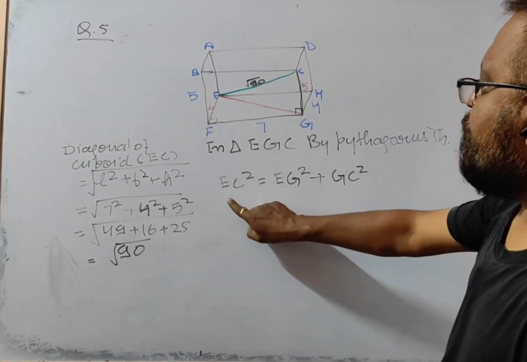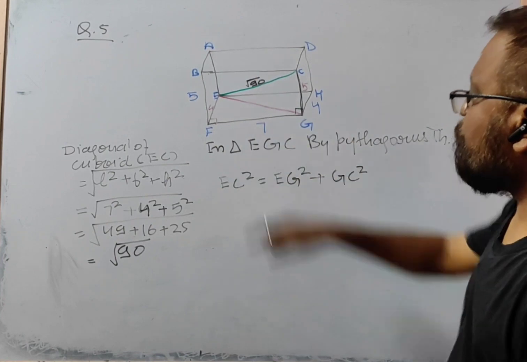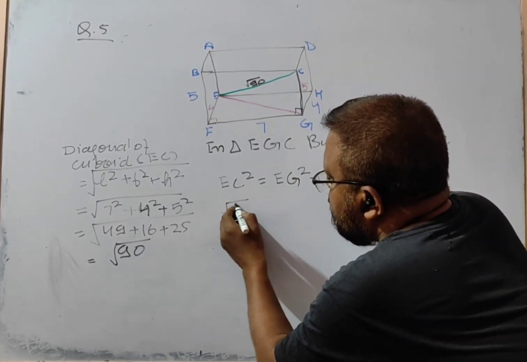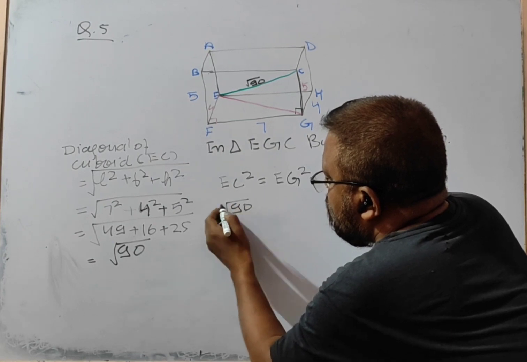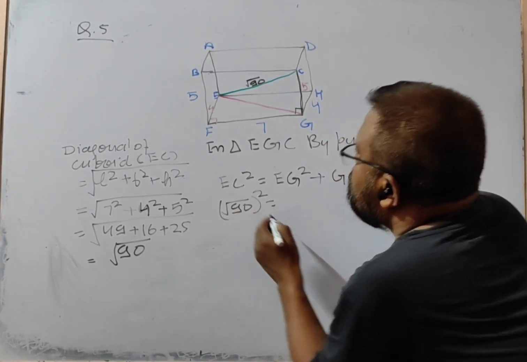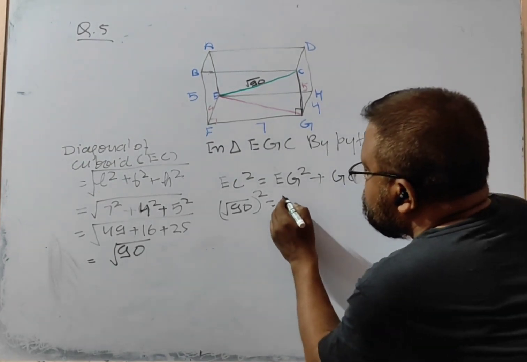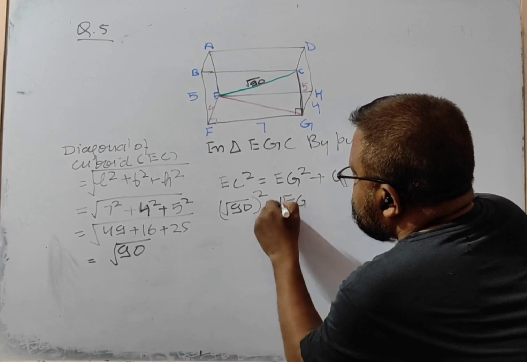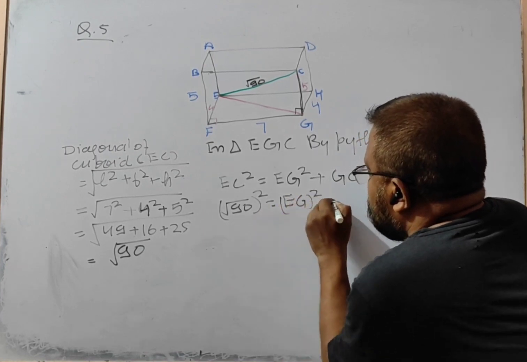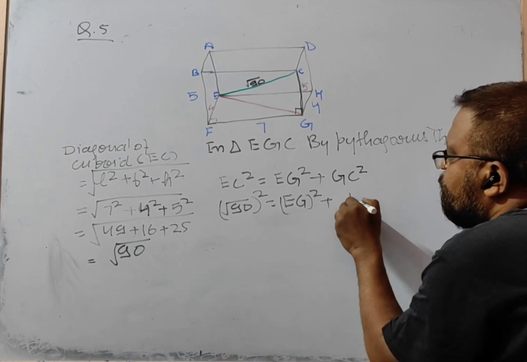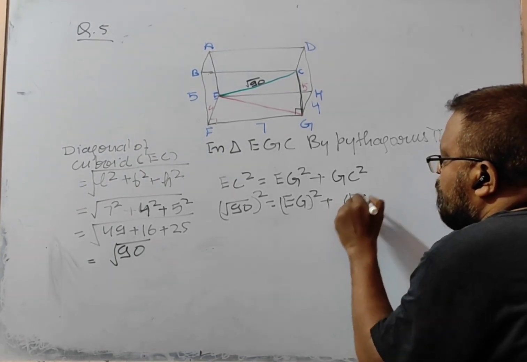So EC is root 90. So root 90 whole square is equal to EG square plus GC, which is 5. So 5 whole square.